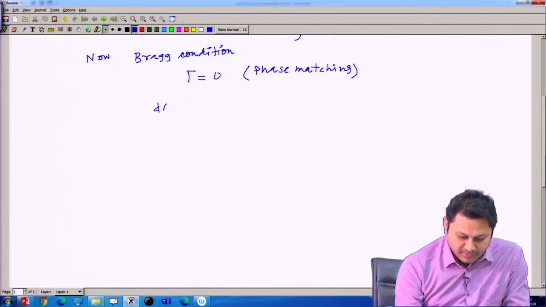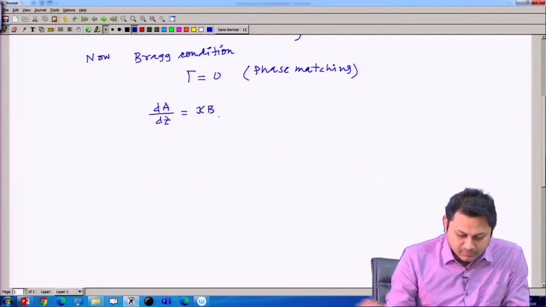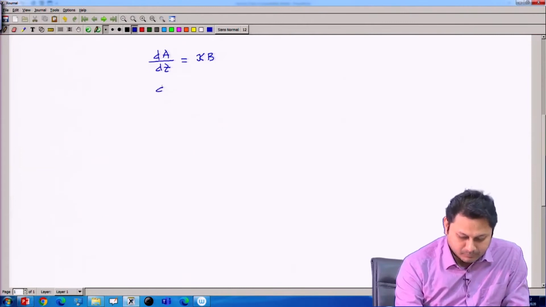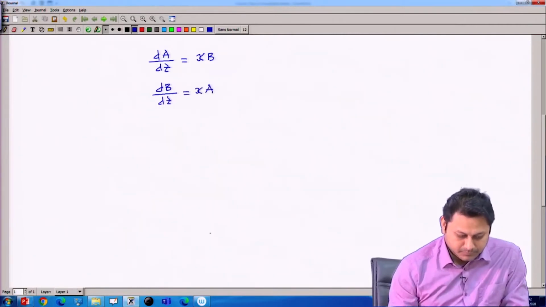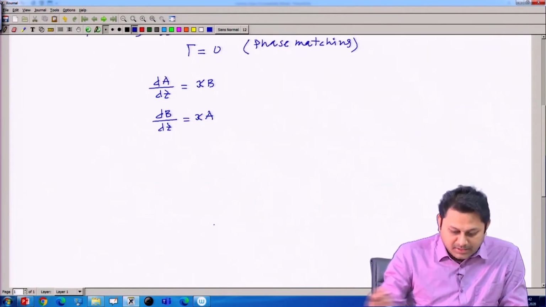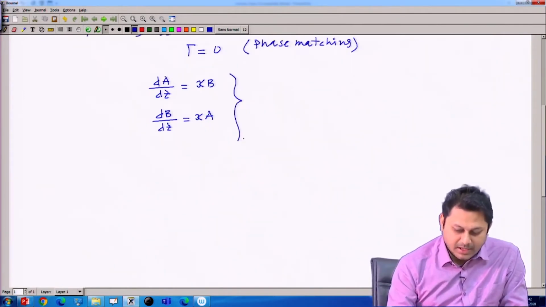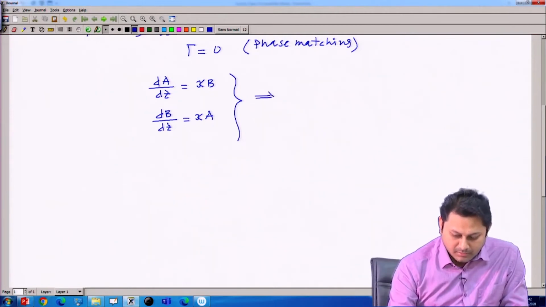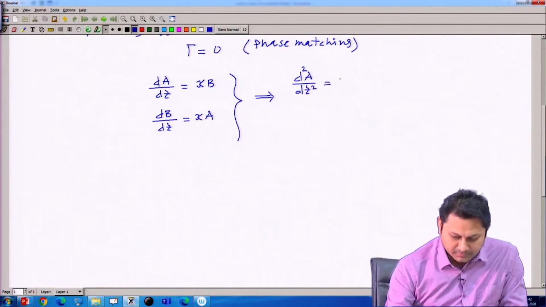So, the equation under phase matching was simply written as this. And also from these two coupled equations, we had a decoupled differential equation for A and B individually, which is this.